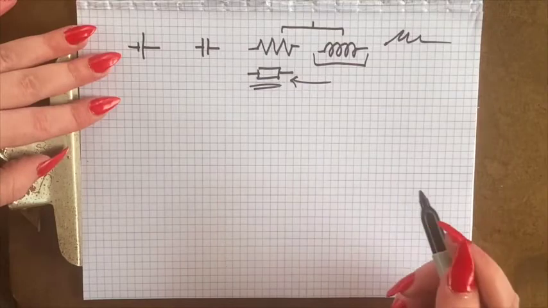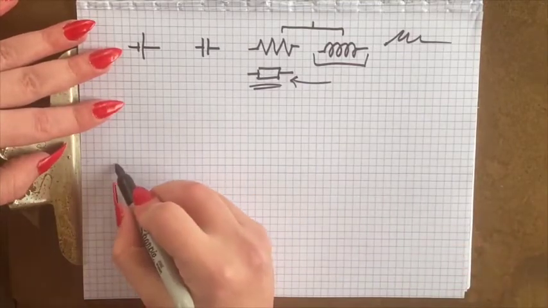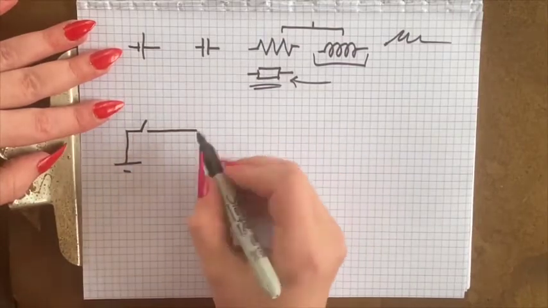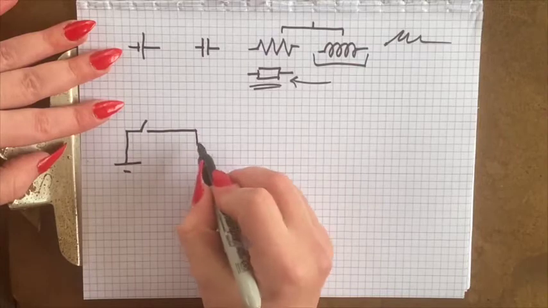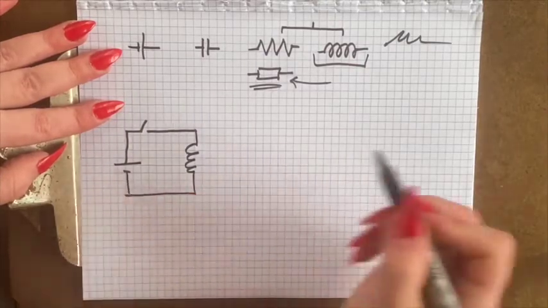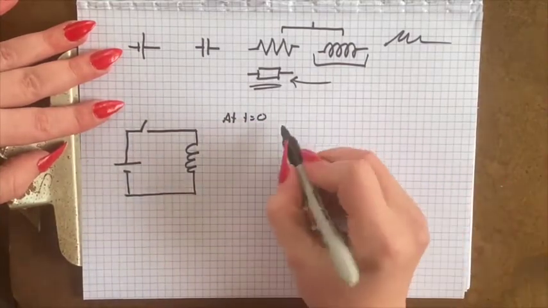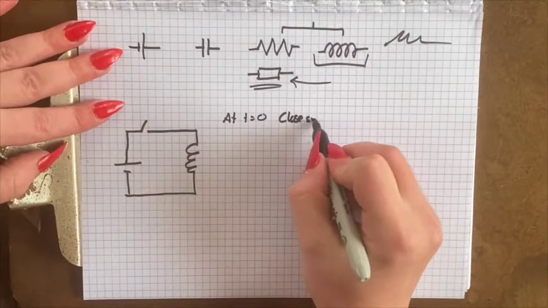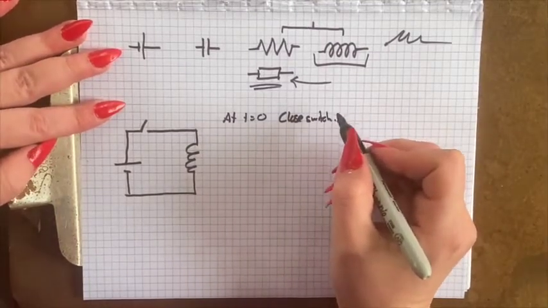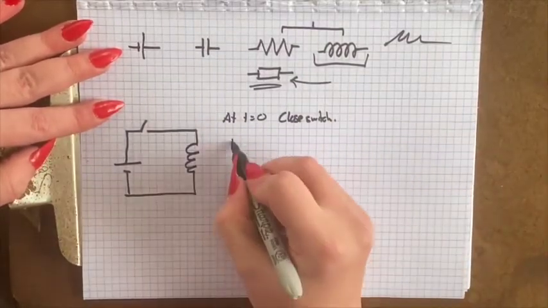Let's ask ourselves what the inductor would do in some kind of a circuit. So let's draw a circuit that looks like this with a switch, and let's say I've got some kind of an inductor here. At time equals 0, I close the switch. What do we expect to happen for the current?